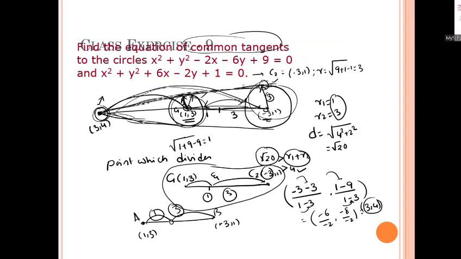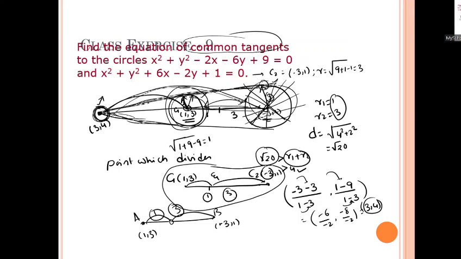So now you can forget about one circle. Forget about one circle. Now what will you do? Just find the tangent from 3,4 to the first circle. Is it understood? Is the logic clear, beta? Look, what we have found out is, if you draw the common tangents then they'll meet at 3,4, right?